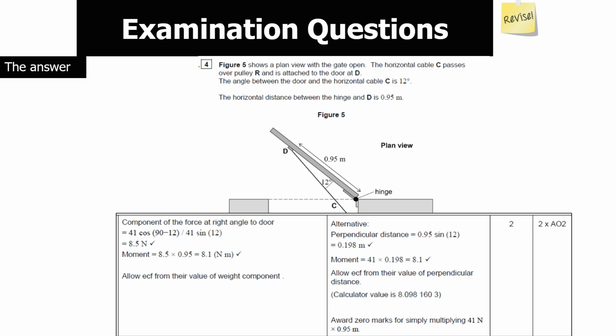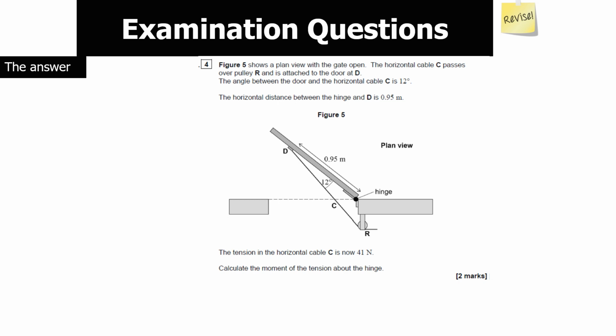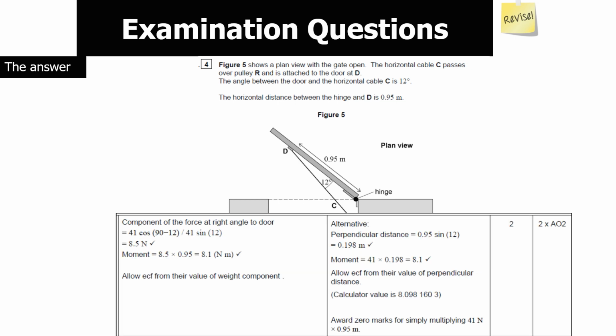So that gives our actual force not to be 41, as you might think in the question where it says that the tension is now 41 newtons, but rather the force that you would require is 8.5 newtons. Now moments are force times by perpendicular distance from the pivot, so it's 8.5 times by 0.95 meters, so your answer is 8.1 newton meters.